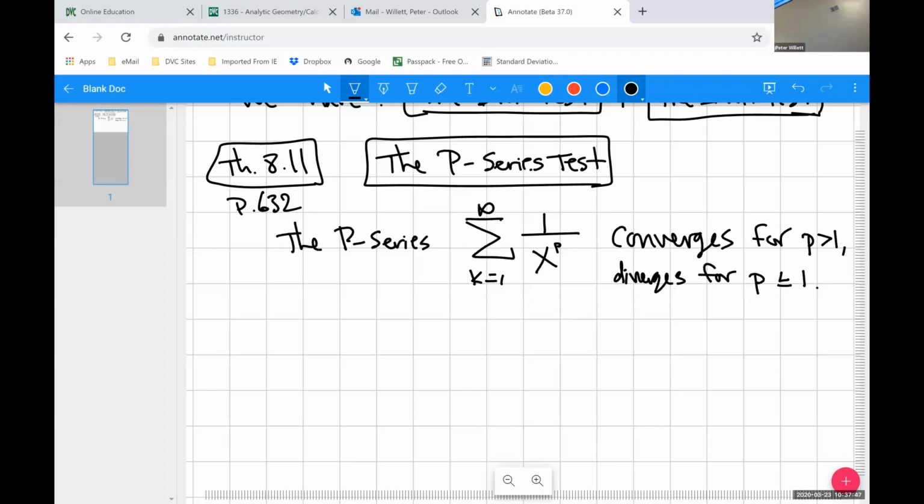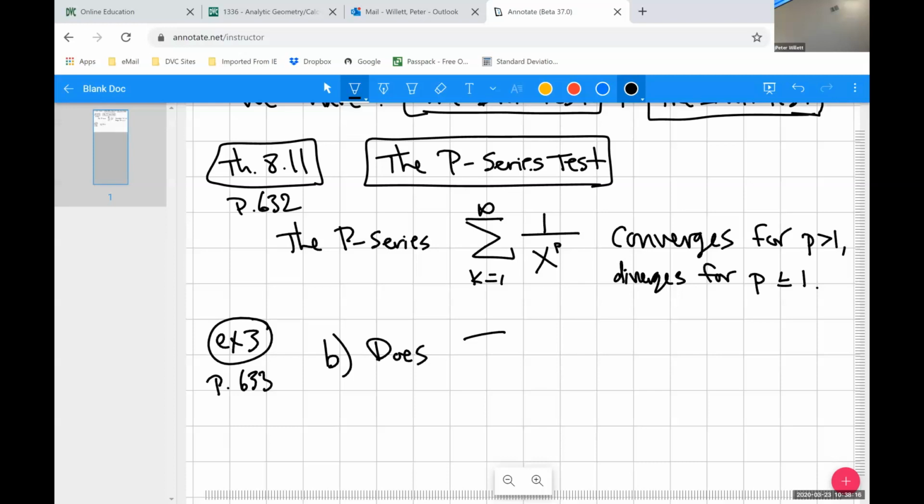So let's look at an example. This is example 3 on page 633. And again, there's several parts. Maybe we'll take a look at B. It says, determine whether the following series converges or diverges.